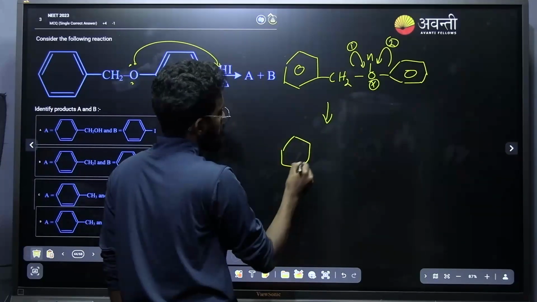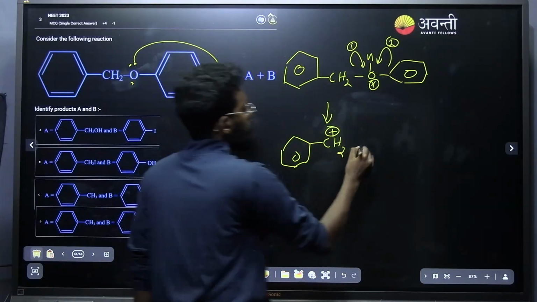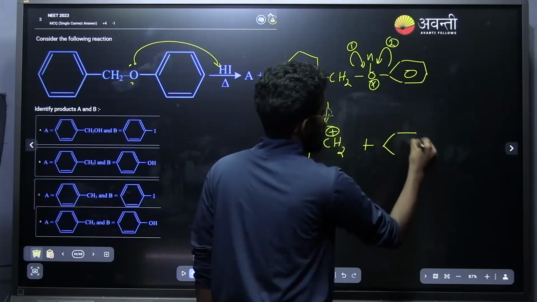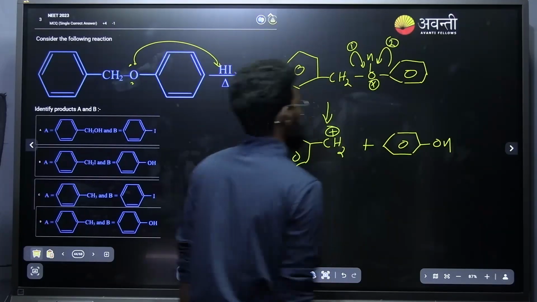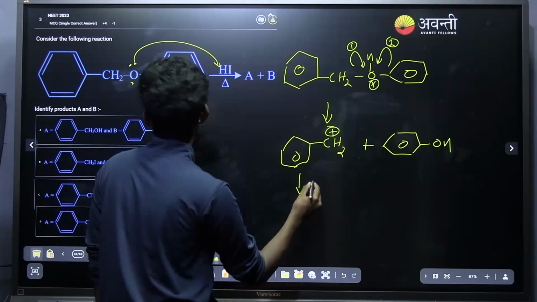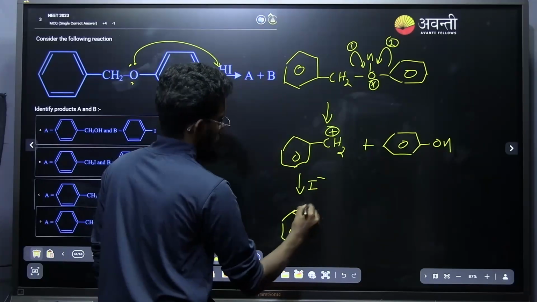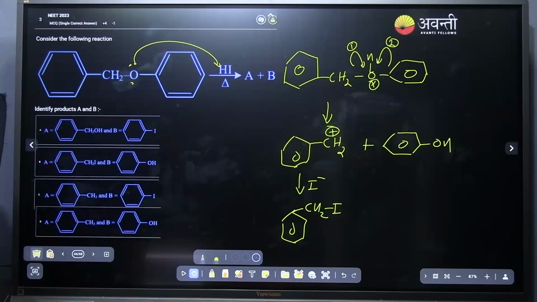Because the first cleavage will lead to a stable benzylic carbocation, and the second one won't give that, because a positive charge on benzene is unstable, so it will be giving phenol. And this one, reacting with I minus, I will be getting benzyl iodide. Got it, everyone?